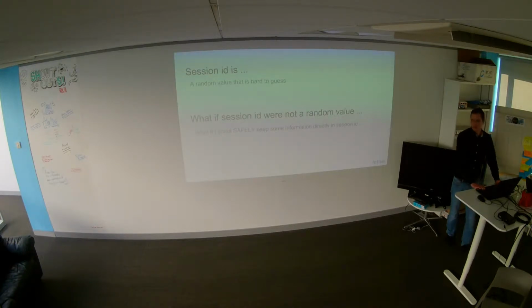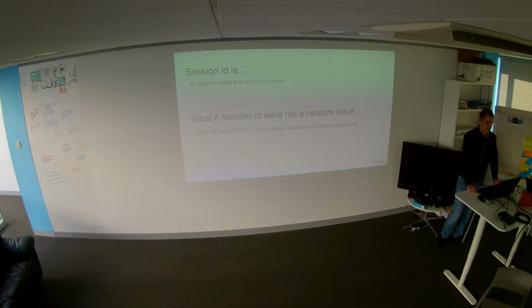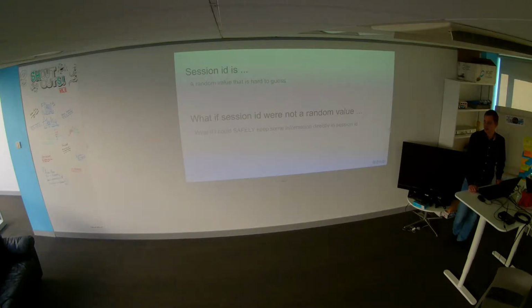Okay, so session ID is simply a random value that's meant to be hard to guess, and measures have been taken to make it hard to guess. And the whole security of it is on the fact that it's hard to guess, so you cannot make one on your own, and it should be as hard as possible to be stolen.